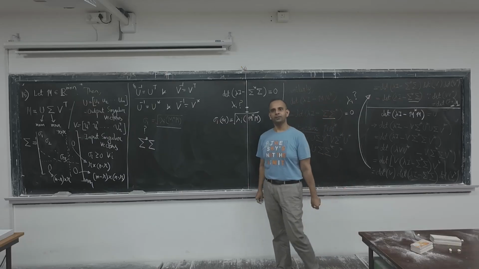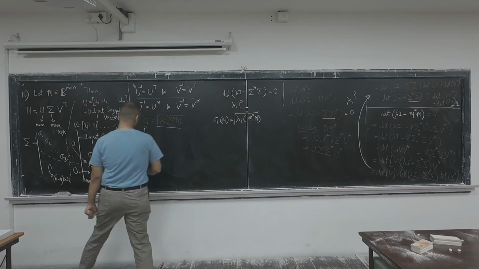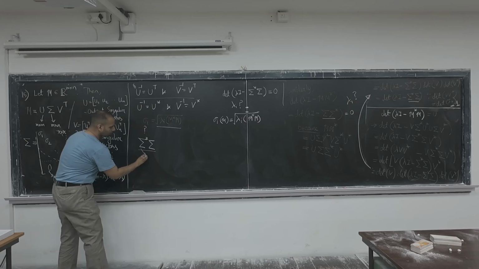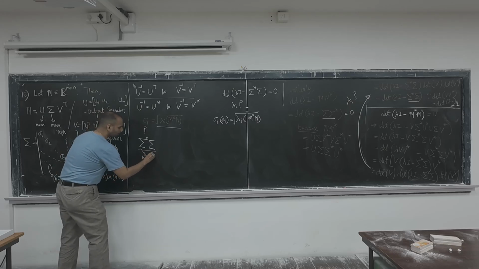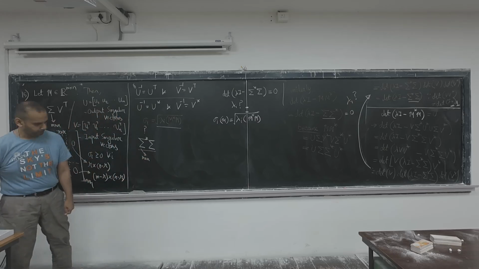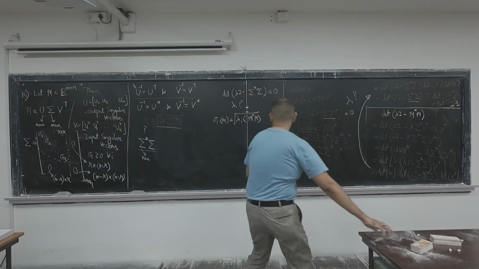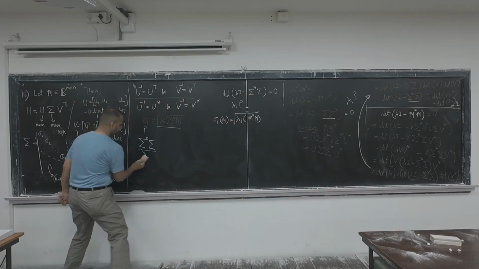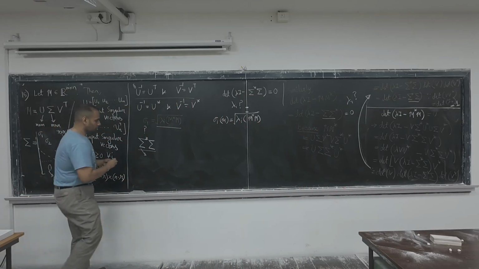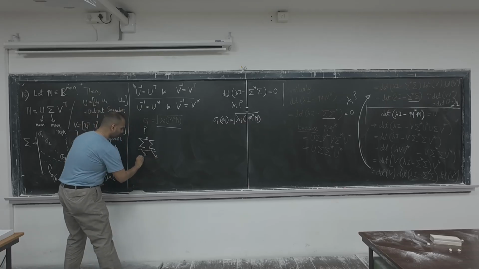But as a whole it would be a square matrix, right? Why would it be a square matrix? Always be careful about the dimension. What is the dimension?